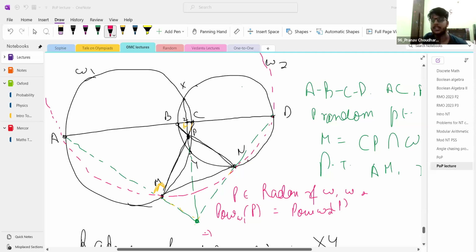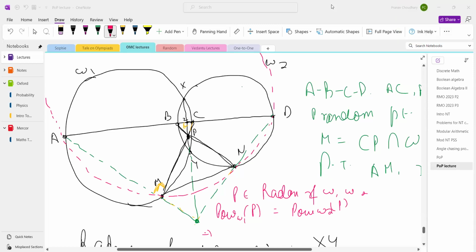How can I write power of P with respect to omega 1? Yes, that's a correct way to do it, but there's another way which is better for us.